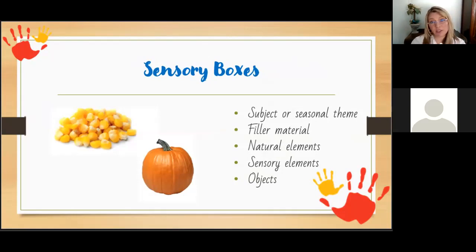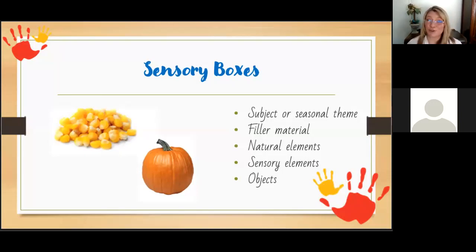So you're going to have a filler material that could be something like packing peanuts. If you received some of those and want to repurpose them for something else, they could go as a filler material in your sensory box.